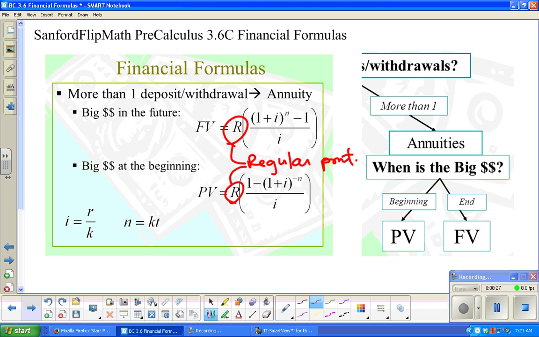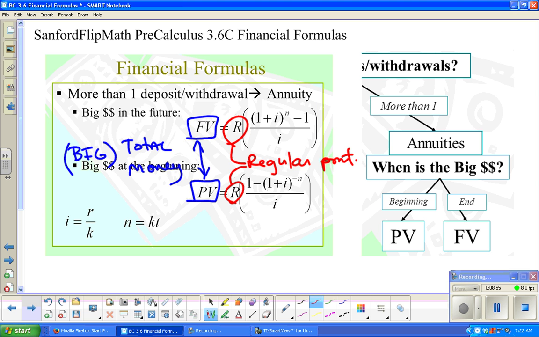So if I'm making a monthly payment, R is that monthly payment. If I'm making a weekly payment, R is that weekly payment. And then these numbers are whatever the total money is that we're talking about. It's the big money.